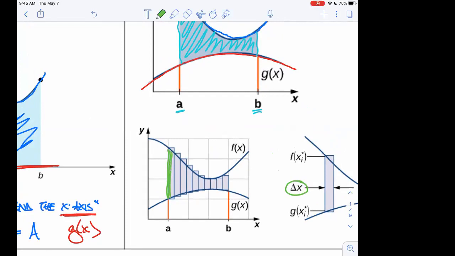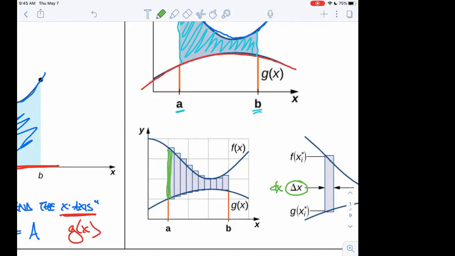What do you think would be better? The one we have the picture of right now, or a bunch of really, really skinny rectangles? The skinny rectangles. Yeah, the skinny rectangles. And that's what this whole dx thing or delta x is. The smaller we make delta x or dx, the more accurate it's going to be.